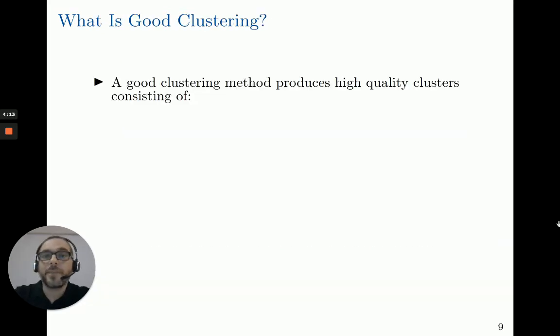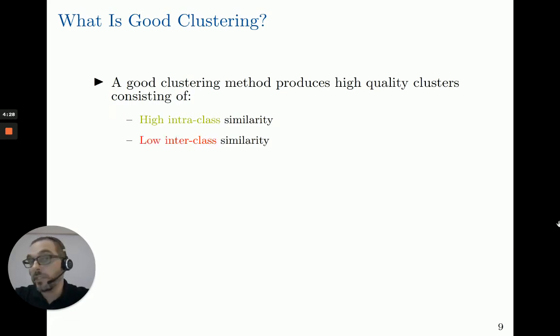A good clustering method should produce two things. The first one is high intra-class similarity: observations within a specific group should be similar. And low inter-class similarity: individuals in different groups should be different. But then we have to define what similar and different mean.